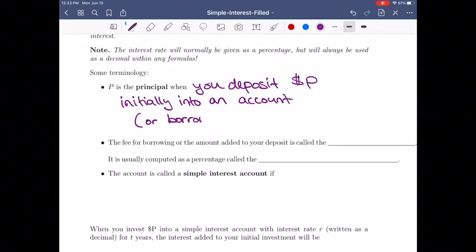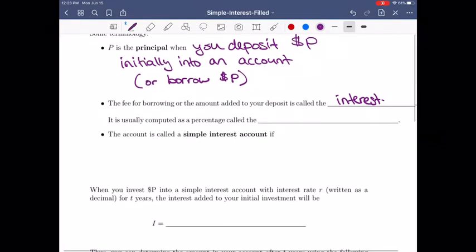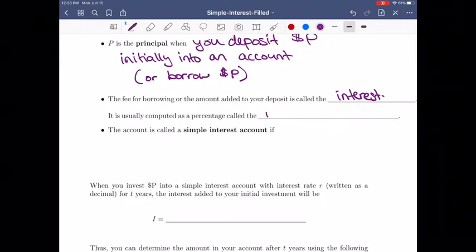If you're talking about a loan, you might borrow P dollars, and then you would still refer to P as the principal. So it's the initial amount that is either deposited or taken. The fee for borrowing, or the amount added to your deposit, is called the interest. And it's usually computed as a percentage called the interest rate.